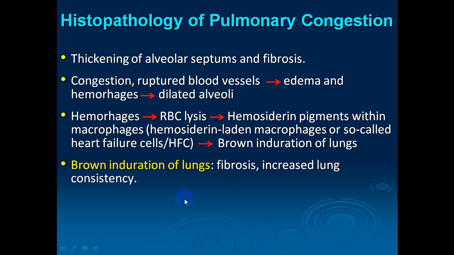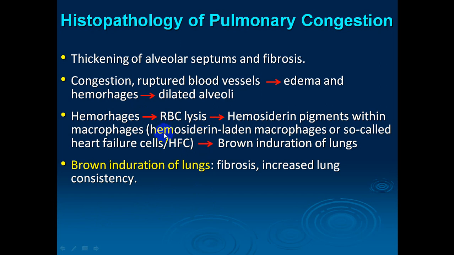And then if there is hemorrhage, the lysis of the red blood cells will make free pigments. The hemoglobin will be ingested by macrophages, and then the macrophages form a brown pigment, we call hemosiderin.